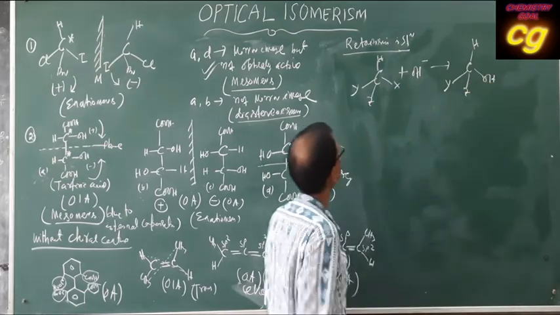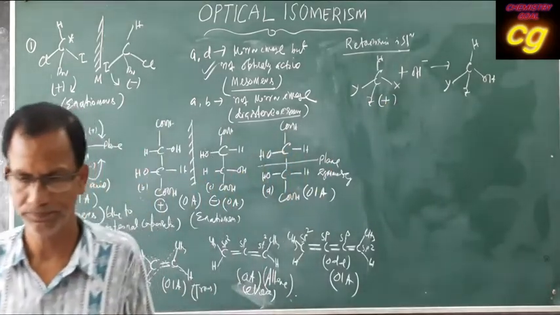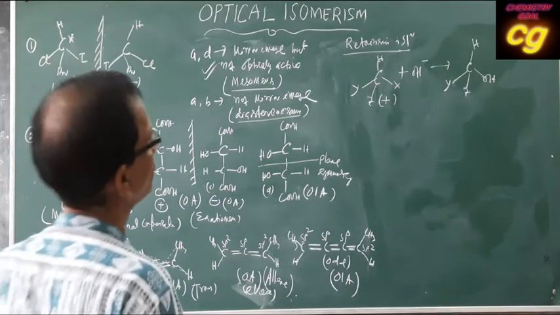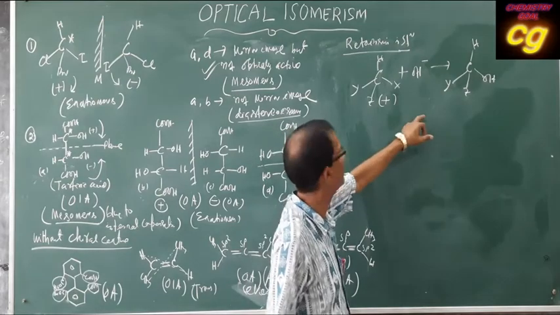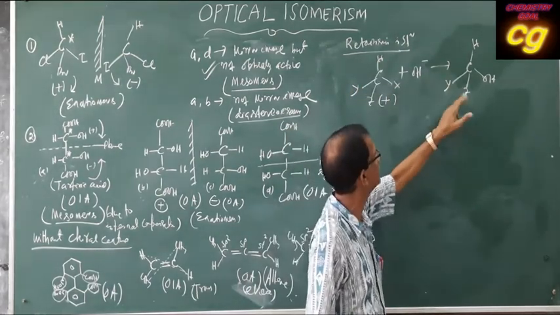Let it be a plus isomer. If you see the arrangement, H, Y, Z are all on the same side.